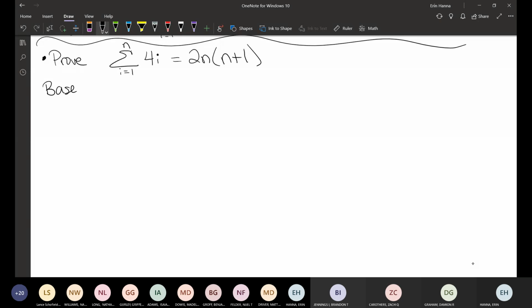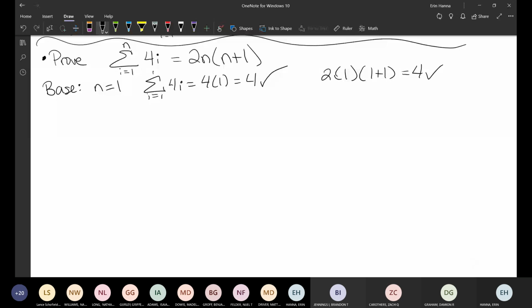So base case, n equals 1. That sum side will just be 4 times 1, so 4. That other side will be essentially 2 times 2, so 4. 4 equals 4. Base case is done. Inductive hypothesis.